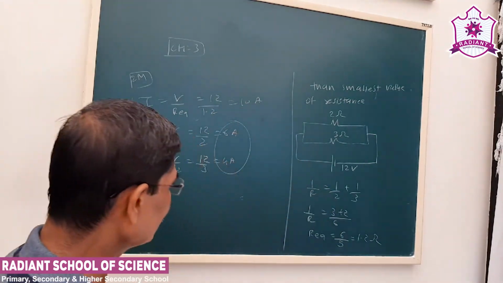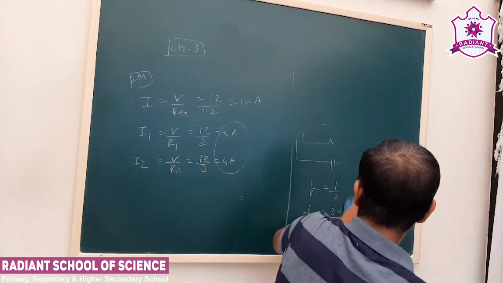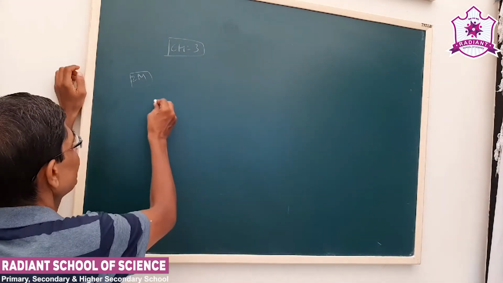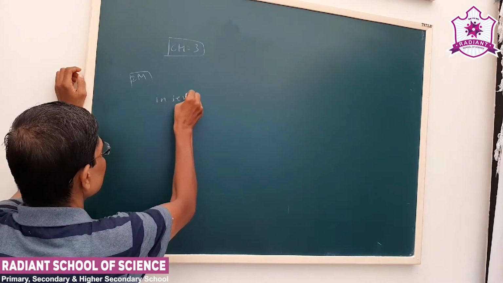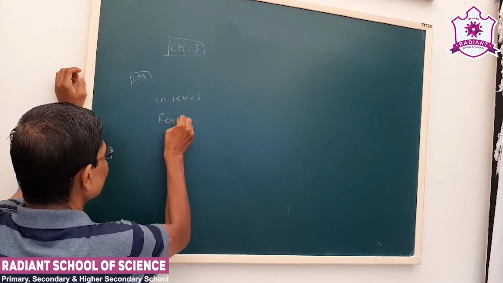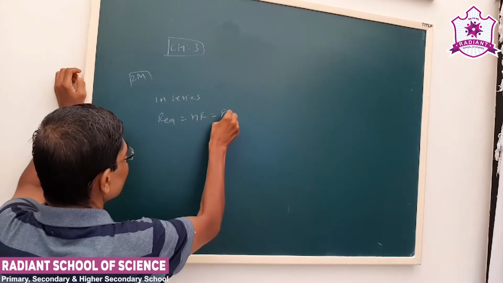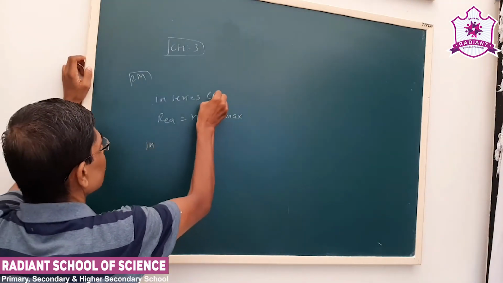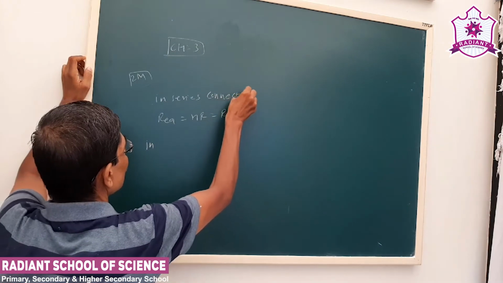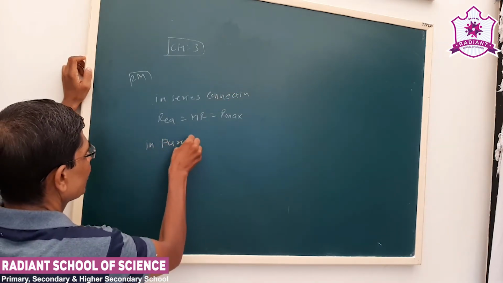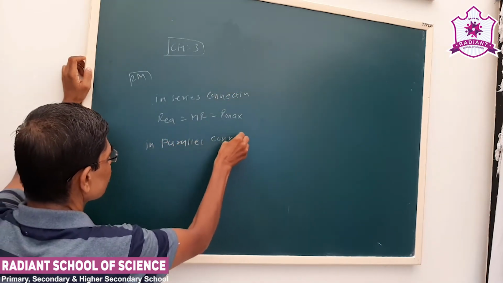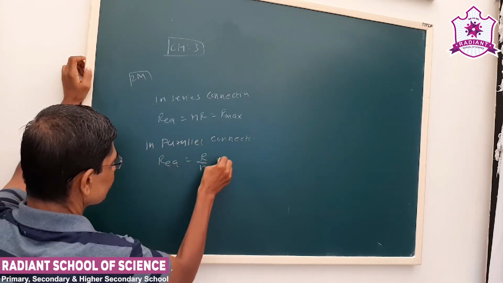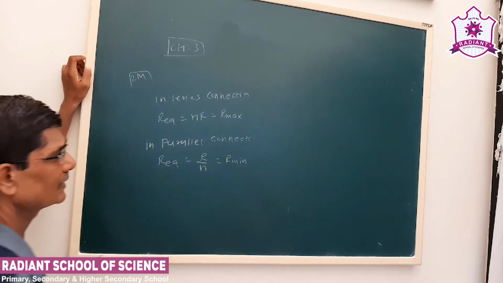Now see a useful relation. See, in series, R equivalent is nR, the maximum value. In parallel connection, R equivalent is R by n, the minimum value.